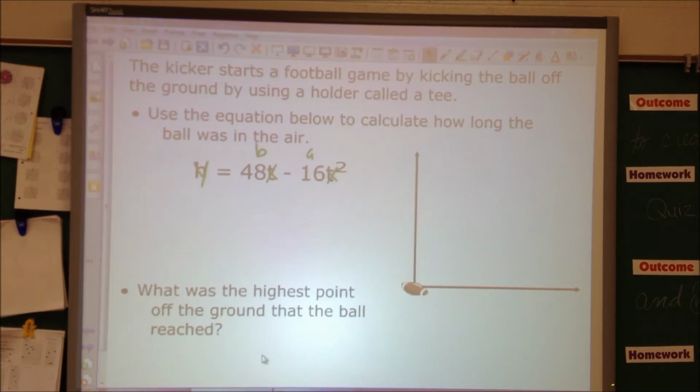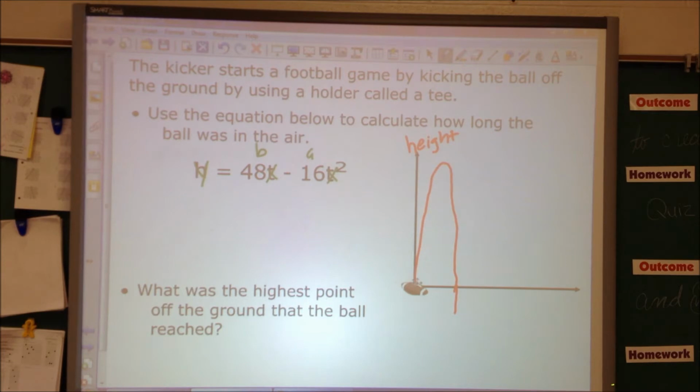So over here on my graph, I'm going to draw that. It starts here, and it's going up, and it's coming down. It could keep going, but it's really not for this situation, because H, my y-axis, is my height of the ball.